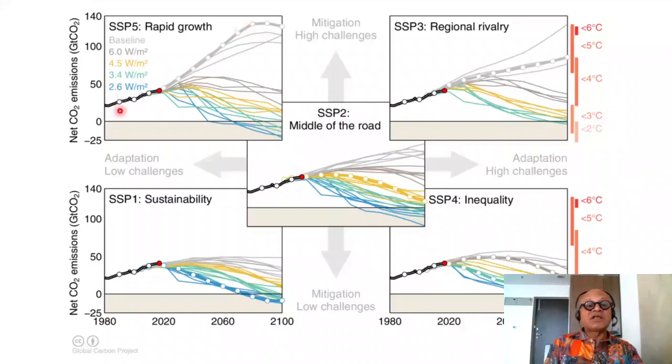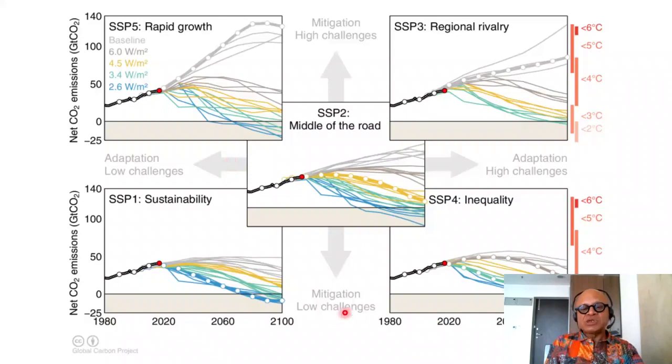Of course, you can see that we have been increasing CO2 quite rapidly, as we already saw, and associated with it there are mitigation challenges which can be high if we choose these socio-economic pathways. These are called shared socio-economic pathways, and the earlier pathways were called representative concentration pathways. So you can read up more, or you can leave it at that.